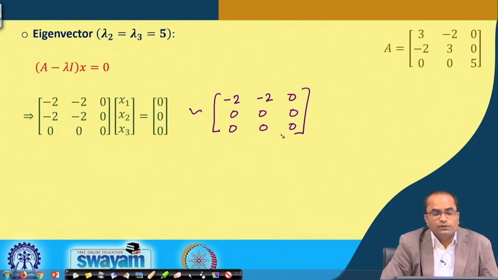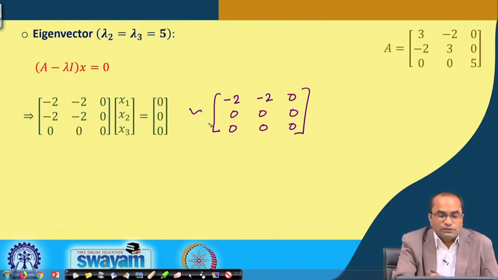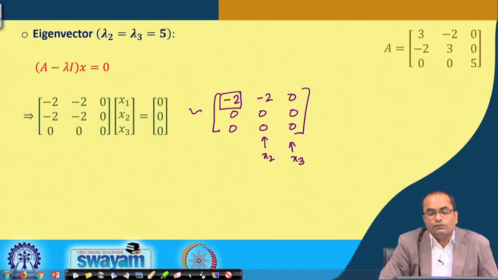So, this is the row reduced echelon form corresponding to this matrix, which suggests we have this pivot element, and that is the only pivot element. So, we can choose x 2 and x 3, whatever we like.